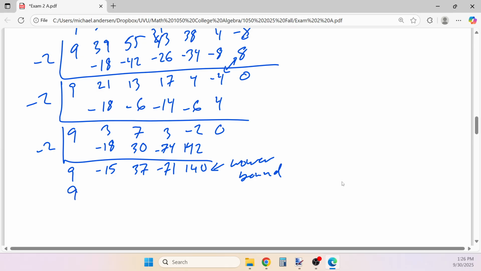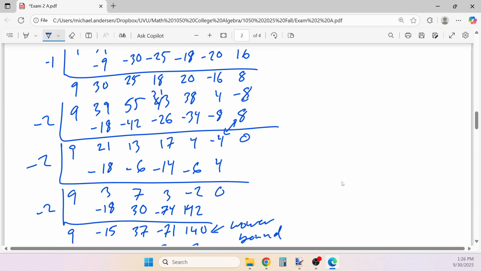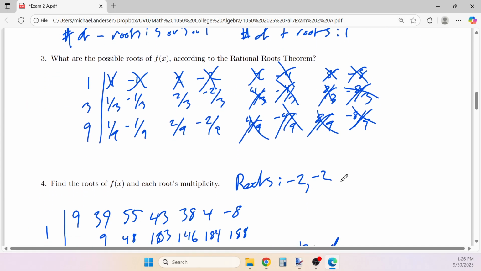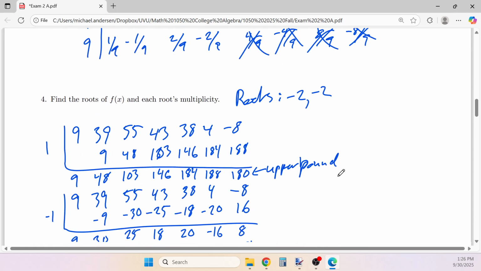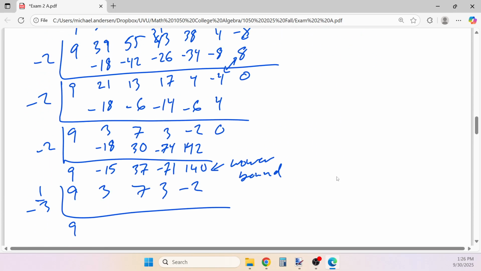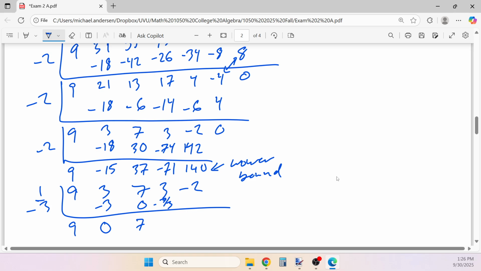Copy our numbers down again. 9, 7, -2, 3, -3, -1, +1. -1/3 times 9 gives us -3. -7. 9/3 -9.